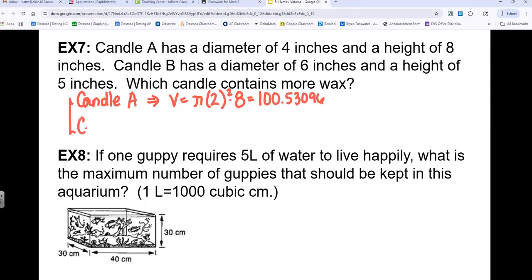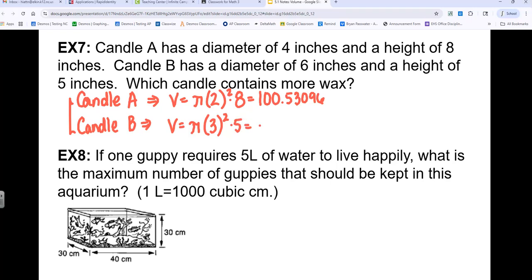And then candle B, our volume, is going to equal pi times, let's see, Hunter, what's my radius for candle B? Good. So we got 3 squared. And what's the height for that one? 5.